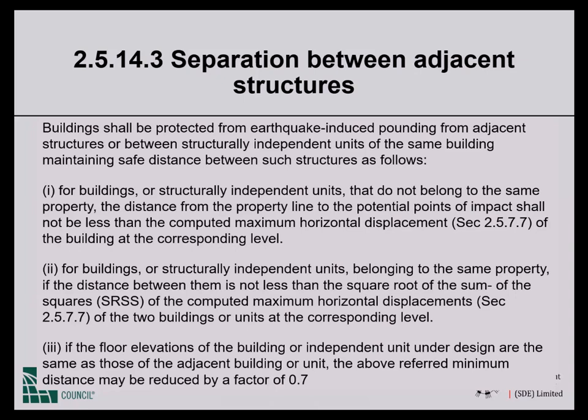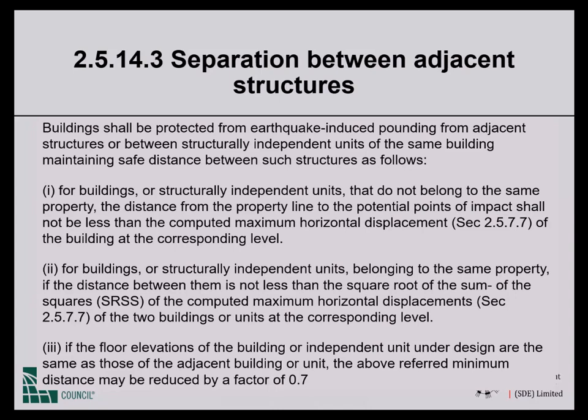As follows. 1. For buildings or structurally independent units that do not belong to the same property. So, two adjacent buildings, but they're on different properties. There is a property line in between. The distance from the property line to the potential points of impact shall not be less than the computed maximum horizontal displacement of the building at the corresponding level.